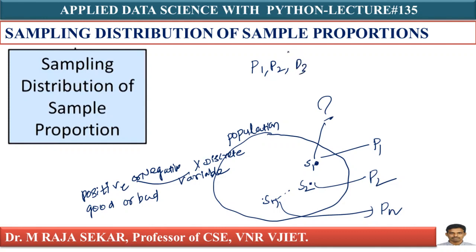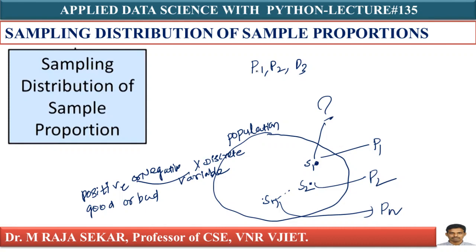Directly I cannot plot these, so I have to construct a frequency distribution for the proportions collected from n samples. I will get another distribution, the sampling distribution of proportions.